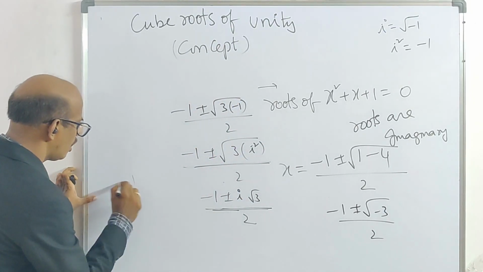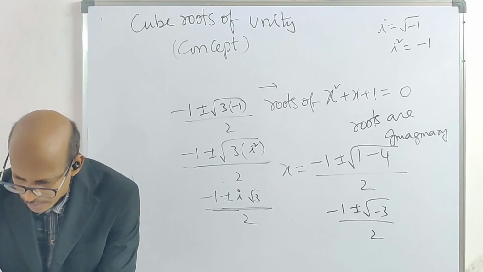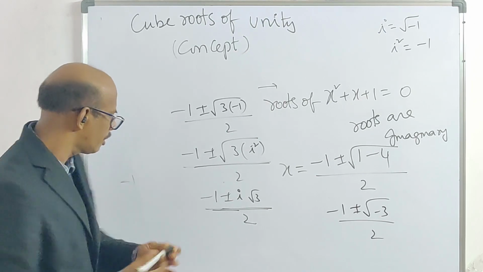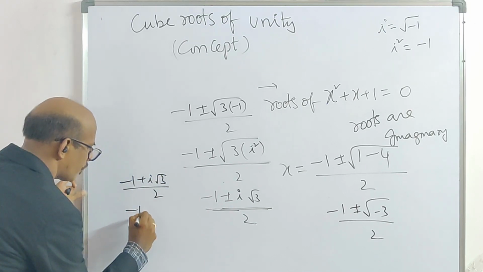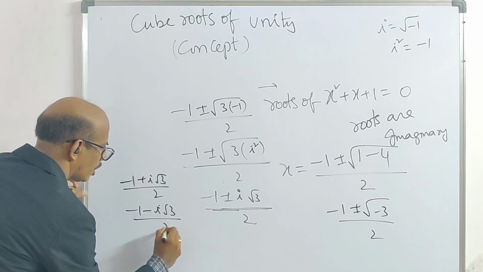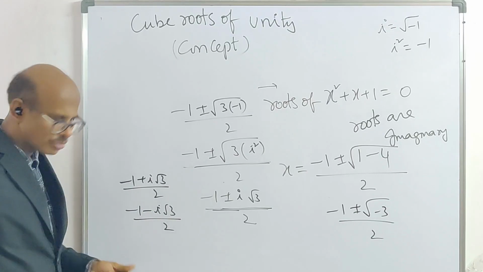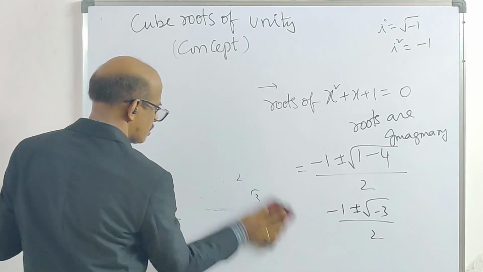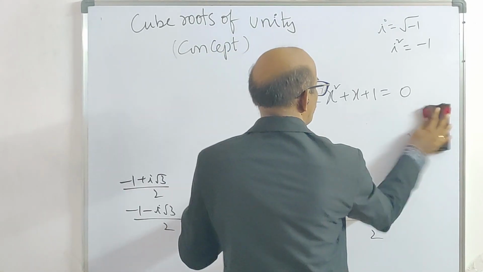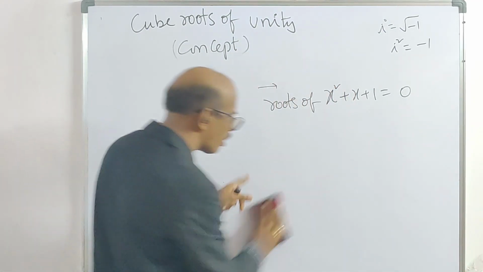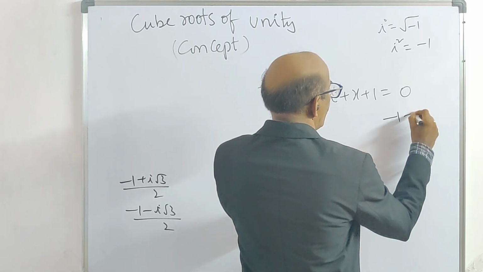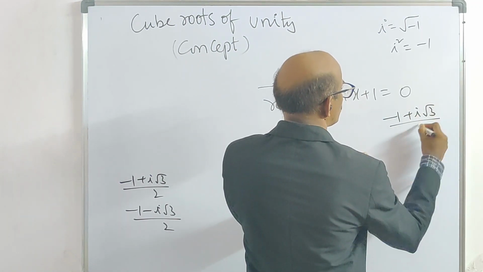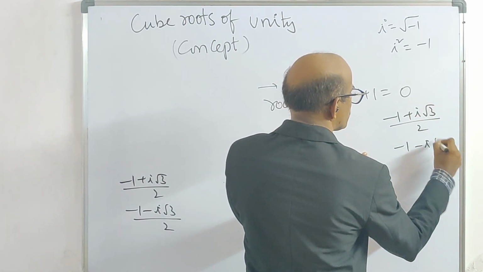Okay. So here, if you take plus, minus 1 plus I root 3 by 2. If you take minus, another possibility, minus 1 minus I root 3 by 2. So therefore, from now onwards, the roots of this equation are minus 1 plus I root 3 by 2 and minus 1 minus I root 3 by 2.